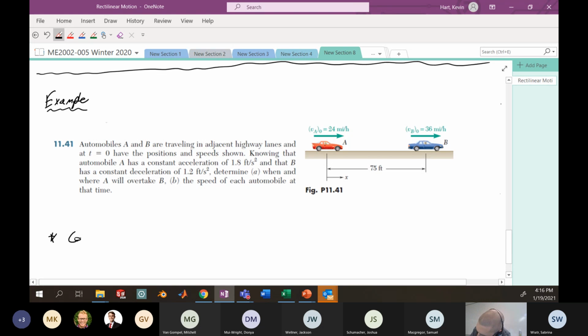So you could use constant acceleration equations for each vehicle.